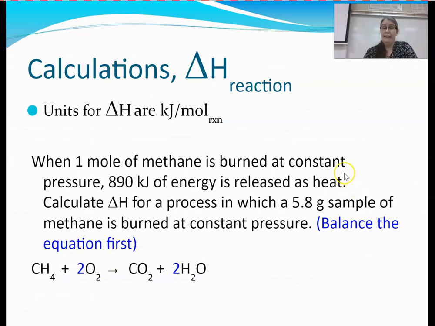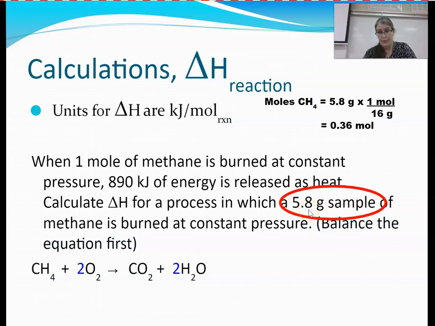So the first thing I have to do is think, well, if this unit is per mole, then I need to get these grams into moles. I'm going to take this 5.8 grams, and of course we'll divide it by the molar mass of methane, and we'll find that we reacted 0.36 moles. But this is moles of methane.